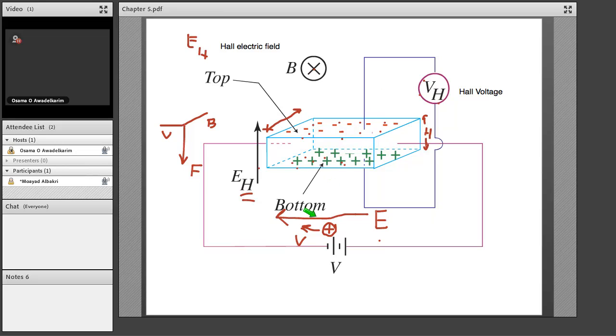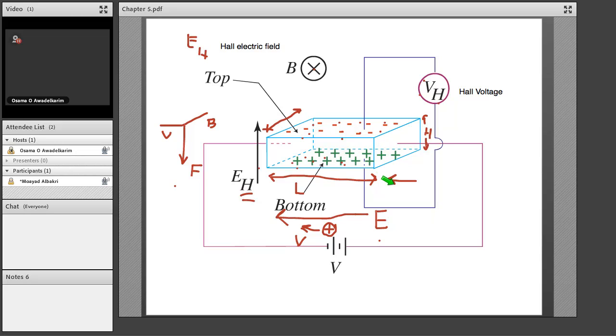This velocity V, which is the velocity of the charge, again relates to the electric field here. And if we think the length of this semiconductor is L, and the voltage applied is V, then this electric field would be in this direction, right?